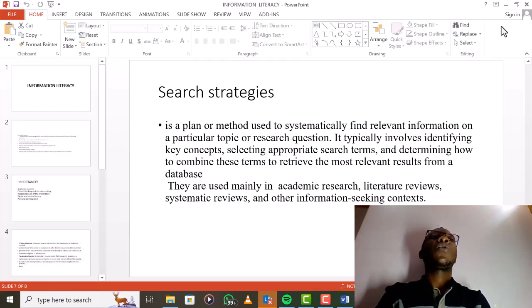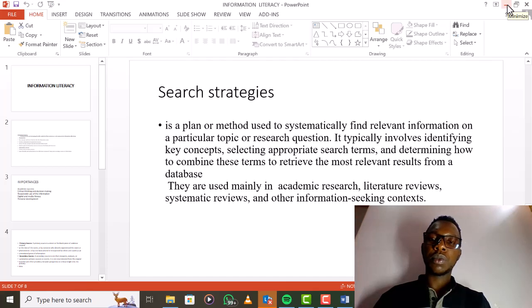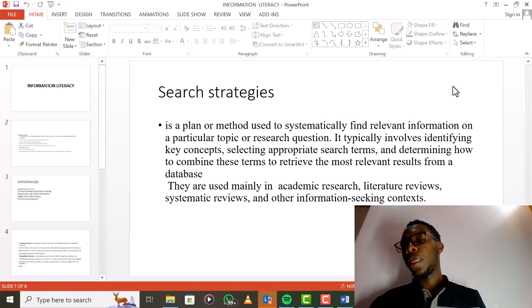Basically, before we even look at it, search strategy, just from the heading, is the methods you employ to get different information from the different sources, how you get information basically.